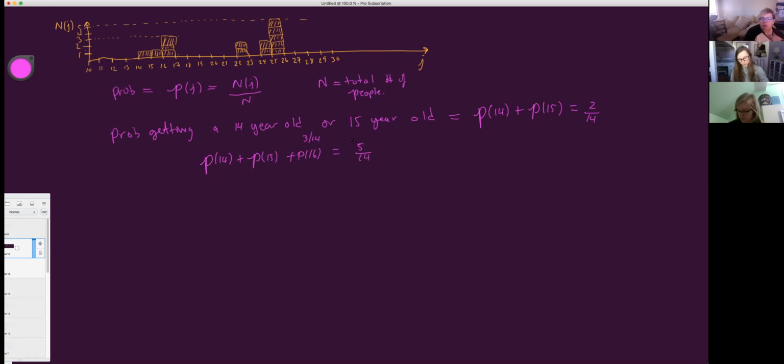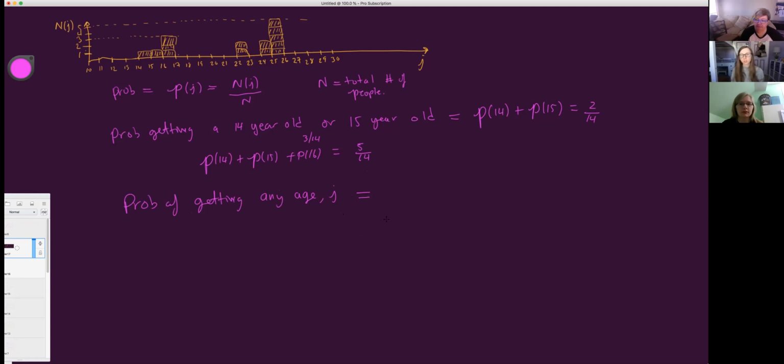Okay, well, what is going to be the probability of getting any age? And I mean any age, like 62, 14, 25, whatever. What is it? I'm second guessing myself, but it would be 14 out of 14, correct?